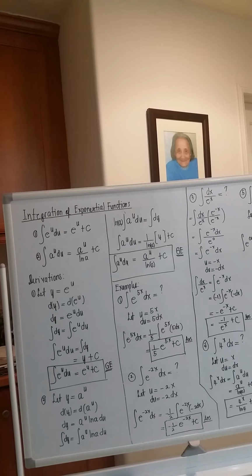Okay, under exponential functions, there are only two integration formulas. So I will now give you the two formulas for integrating exponential functions. The first one is if the base is e.